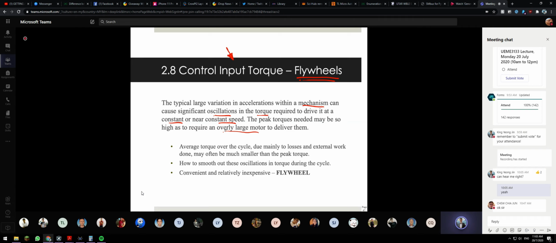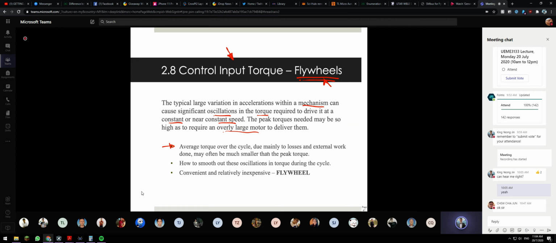That's why most of the time we want to size the smallest possible motor into the system. So how do we reduce the peak torque? One way is to use flywheels. To size the flywheel, normally we look at the average torque over the cycle, right?